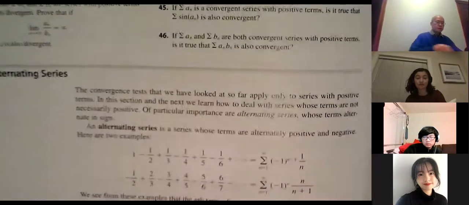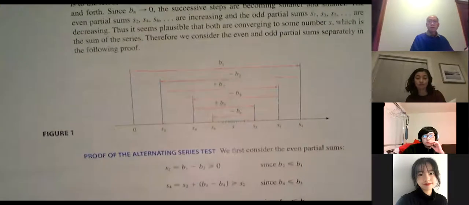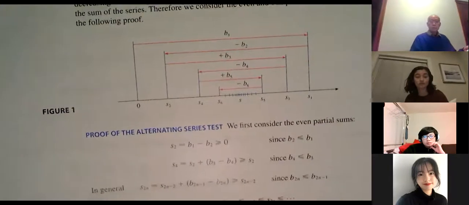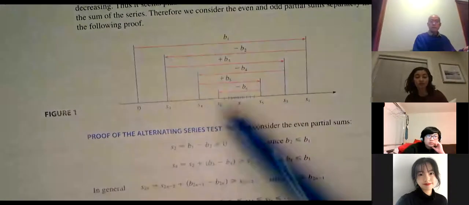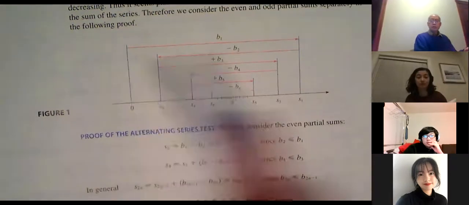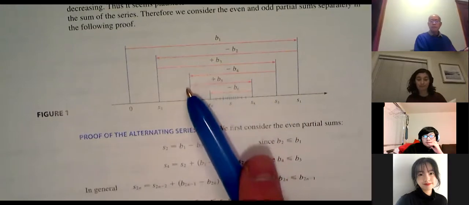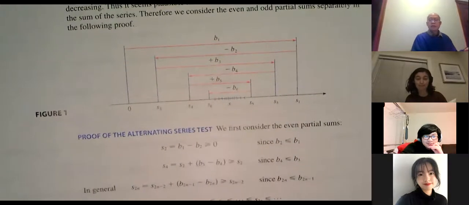Okay, this is not a proof, but a plausibility argument for the alternating series test on page 733. So they're going like this. Okay, so what are they trying to show? It's alternating. So they go to the right and then to the left and then to the right, to the left, alternating. But the terms decrease in absolute value.